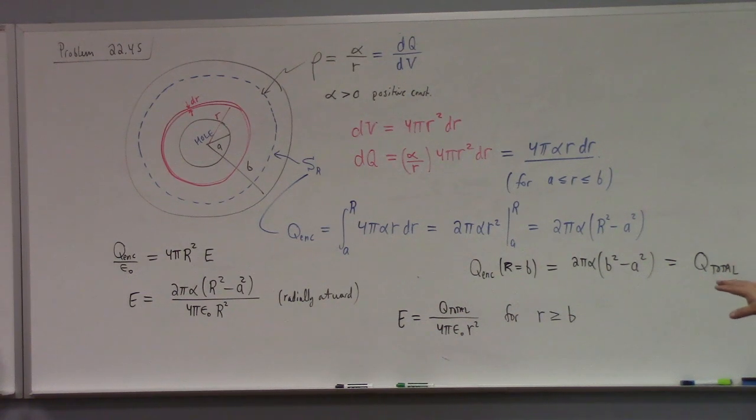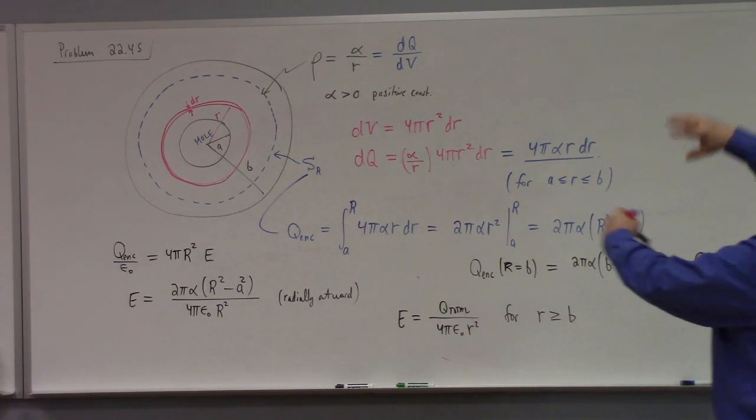I wanted to leave it because I want to point out that if you think about the case that the radius big R goes to B, at that point, any radius larger than or equal to the outer radius of the insulator, it's just going to be like a Coulomb field again. It's going to be the total charge divided by 4 pi epsilon naught, the radius squared.